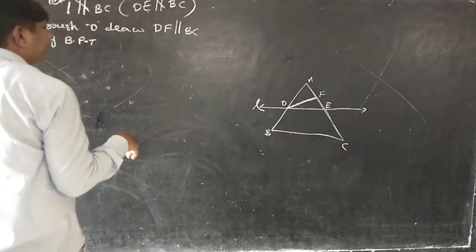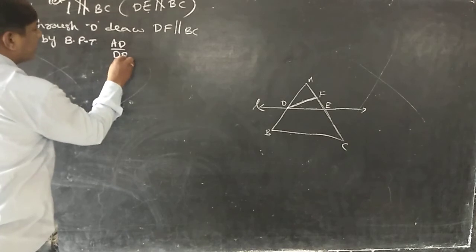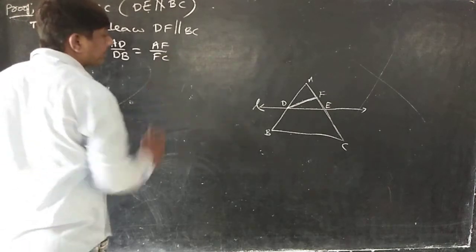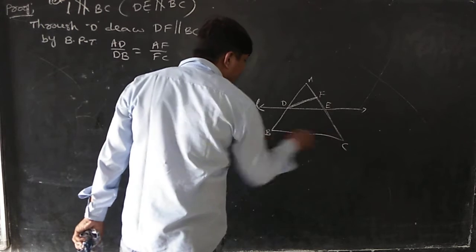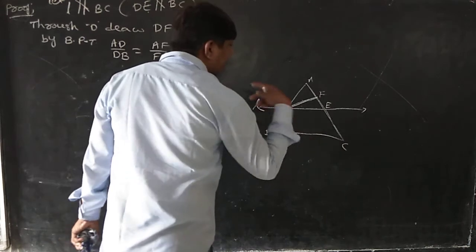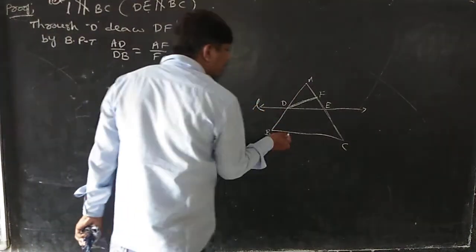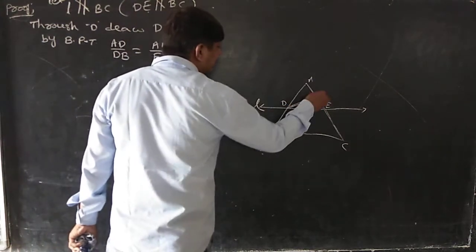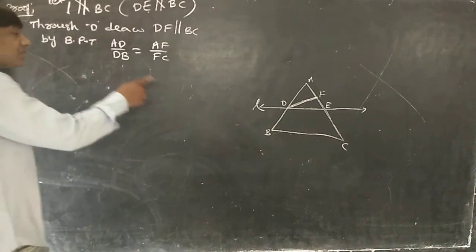Since DF is parallel to BC, by basic proportionality theorem, AD by DB is equal to AF by FC. My assumption is DE is not parallel to BC. If so, there will be one line through D which is parallel to BC, so I draw DF parallel to BC.